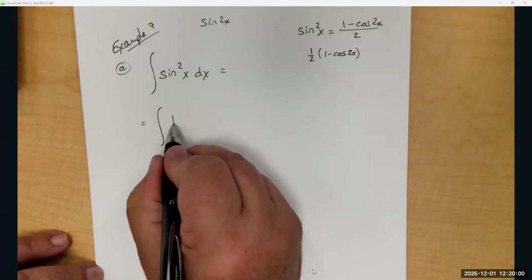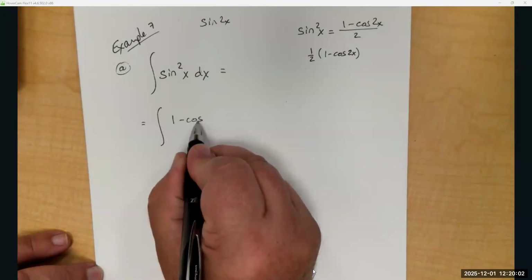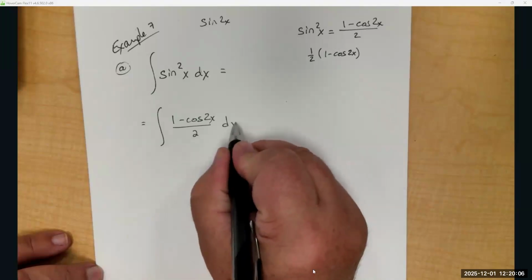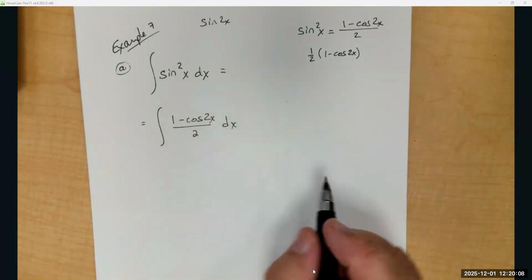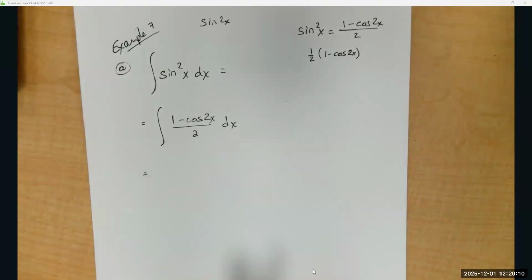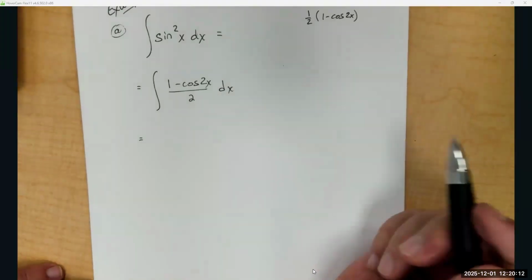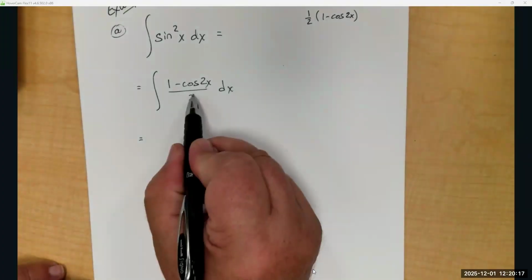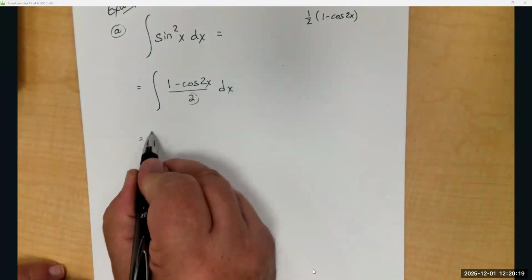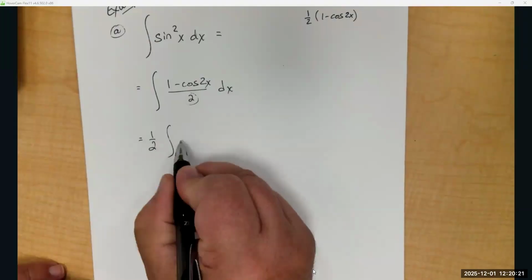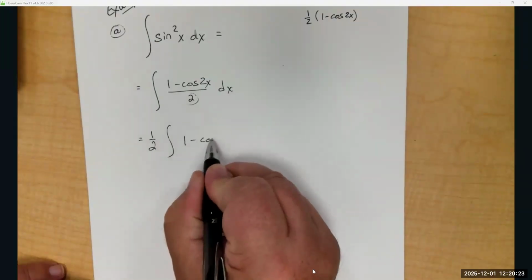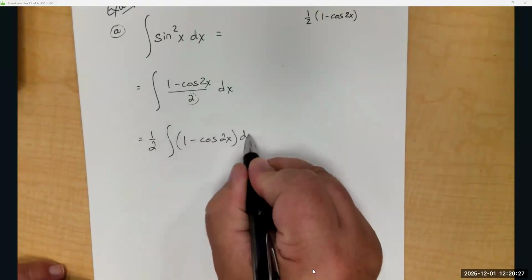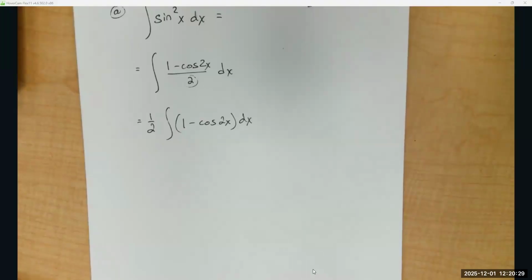So it's the integral of 1 minus cosine 2x over 2 dx. The 1/2 goes out in front. So I have 1 minus cosine 2x dx.